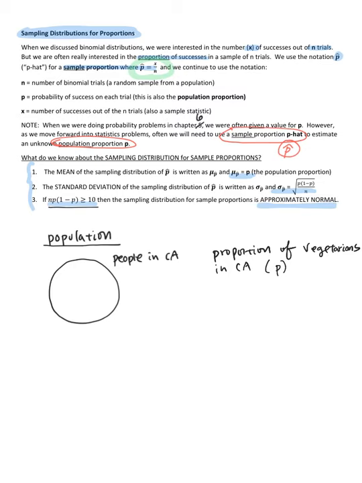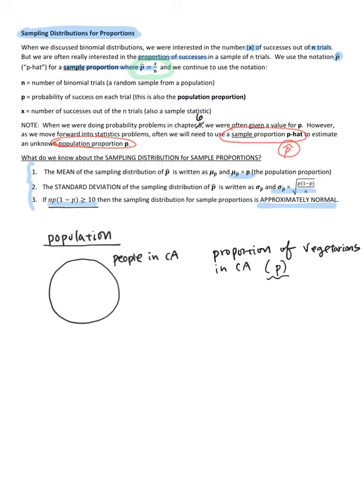Well, that's going to be really hard to get, because in order to find P, you need to ask every single person in California whether they're vegetarian or not, and then figure out the proportion that way. But nobody has the time and resources to ask every single person to get the actual proportion of vegetarians in California.